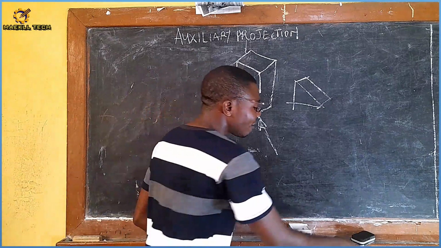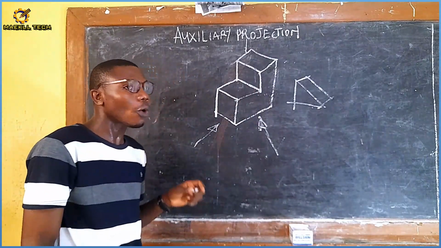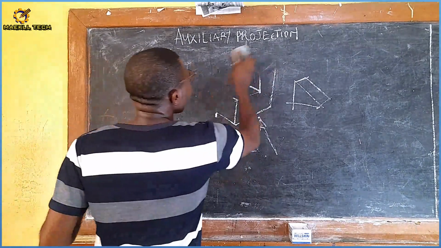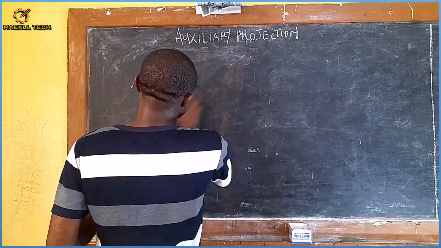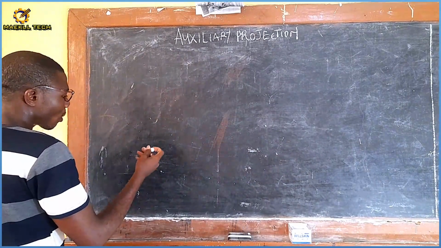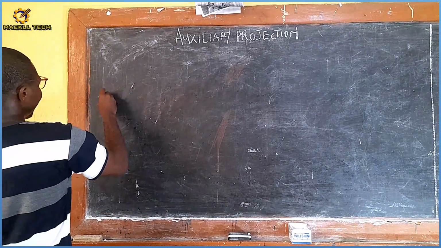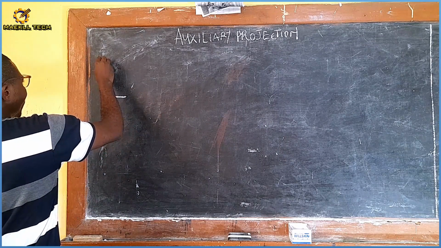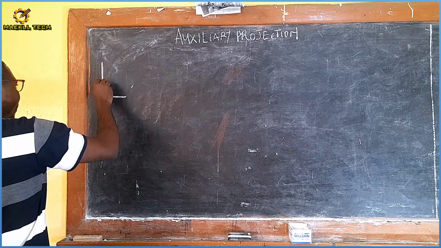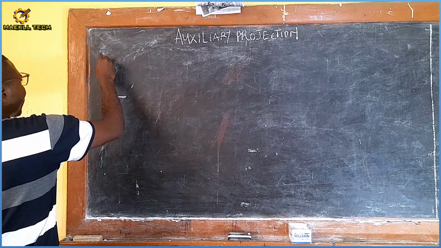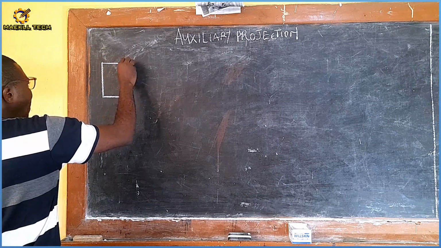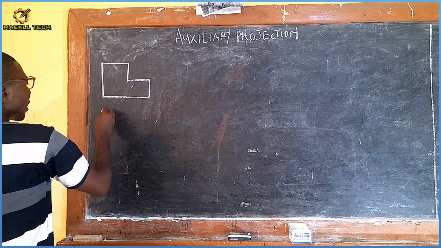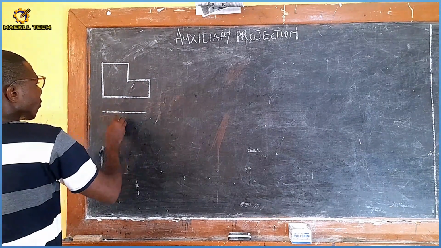Alright, so let us paint the first scenario. Today we'll be considering auxiliary elevation. Take note, auxiliary elevation. And the very first example I will be citing today is this object on the screen. I have this also.